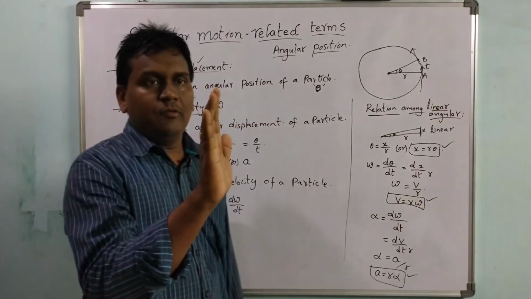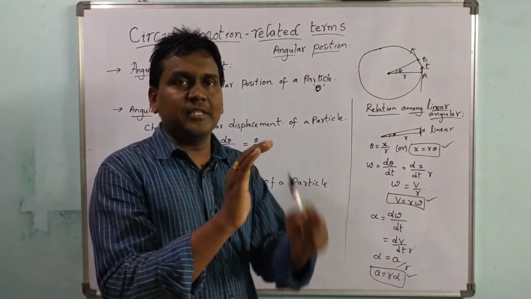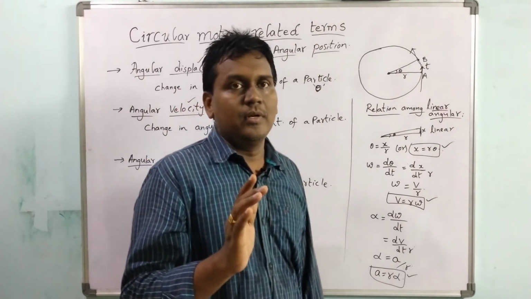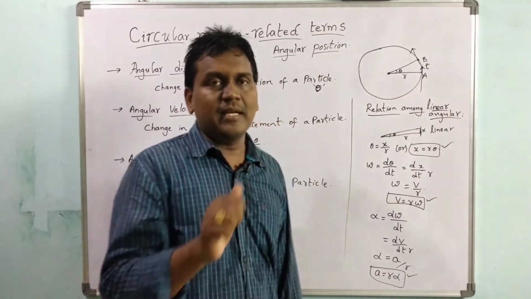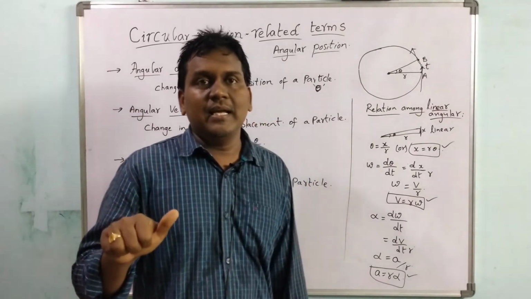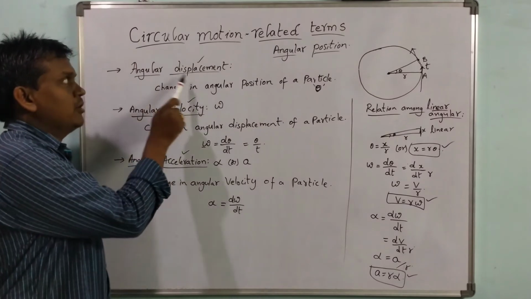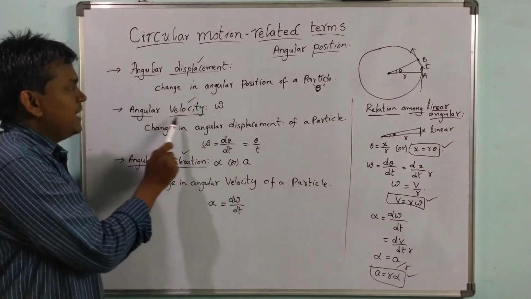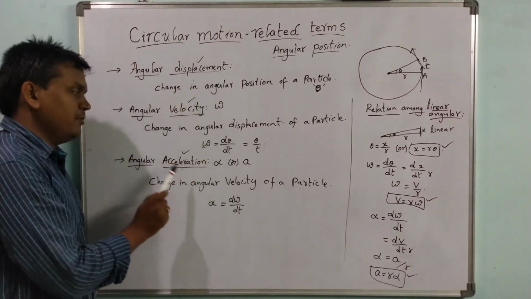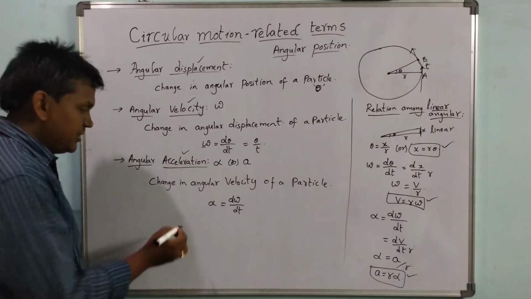The fingers represent the direction of the particle's motion in a circle, and the thumb represents the direction of angular displacement, angular velocity, and angular acceleration. Only the right hand is used here.